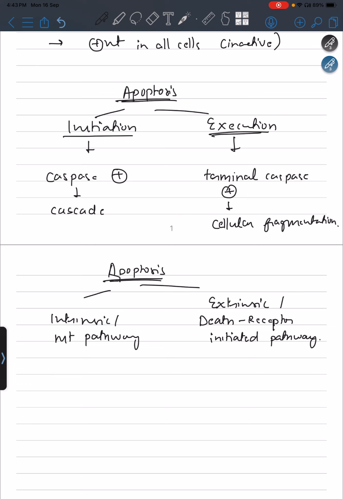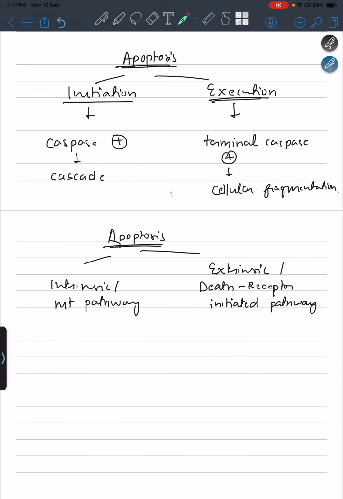And finally, the terminal caspase gets activated and causes the cellular fragmentation. Now, this apoptosis has two pathways. First is the intrinsic pathway or the mitochondrial pathway, which is the most common pathway occurring in physiological as well as pathological conditions, and the other is the extrinsic or the death receptor initiated pathway.